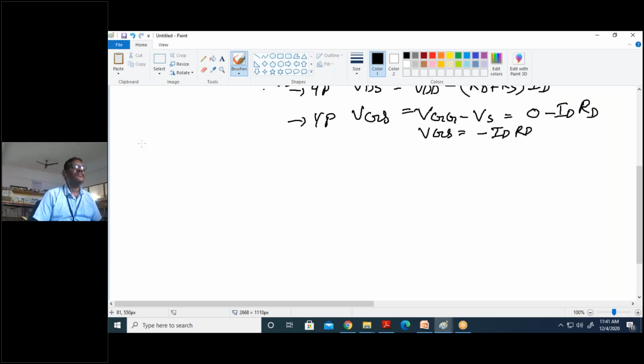IDQ is equal to, ID means drain current, Q for operating point.